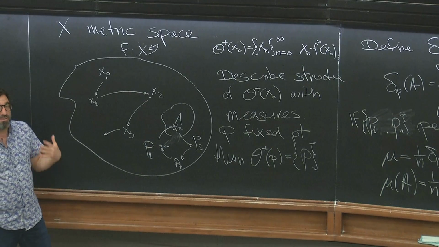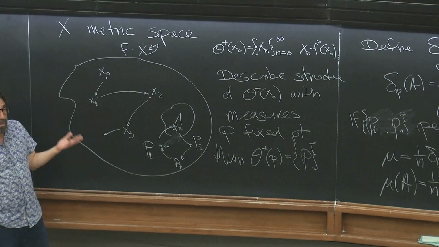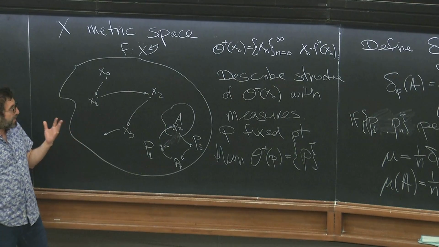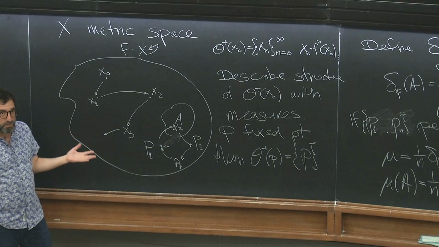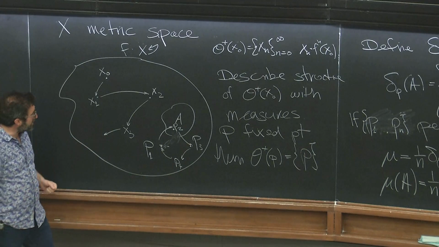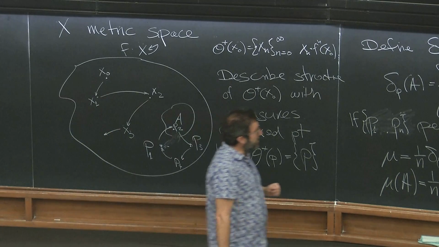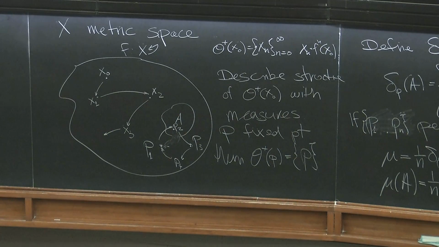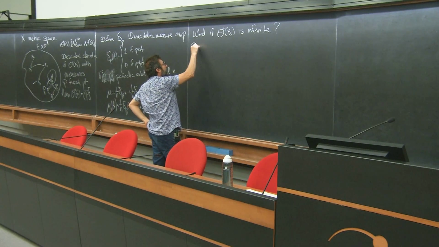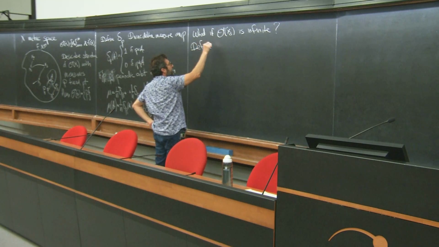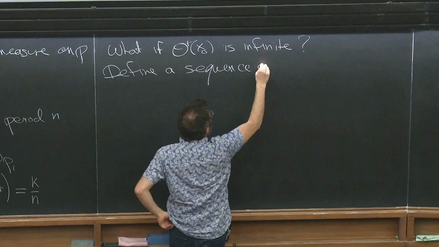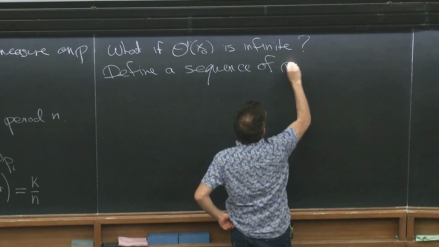Now we're going to do something very similar, but also very different, as you shall see. The analogy with the omega limit set is important and it's correct, but as we shall see, there are many differences between how we're going to describe them now. So what we can do is define a sequence of probability measures.